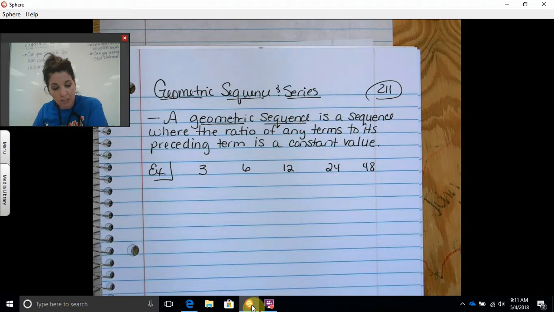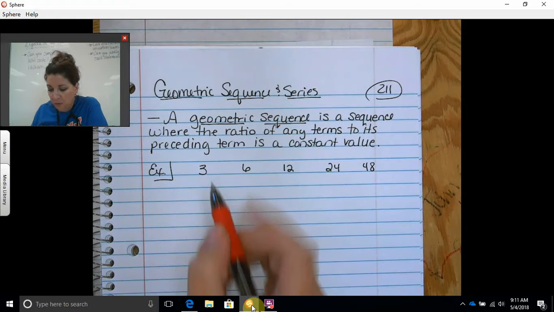I know that's easy to see that it's times 2, but sometimes if you have fractions or if it's written in not such an easy way to see, I want you to also be able to write it as a ratio so that you can tell easily if it's geometric or not.